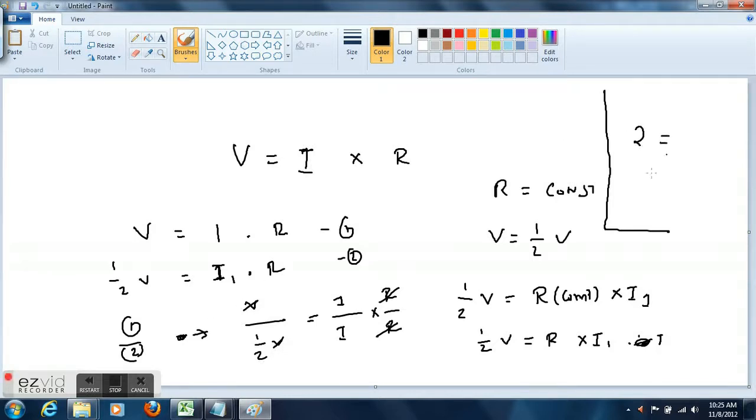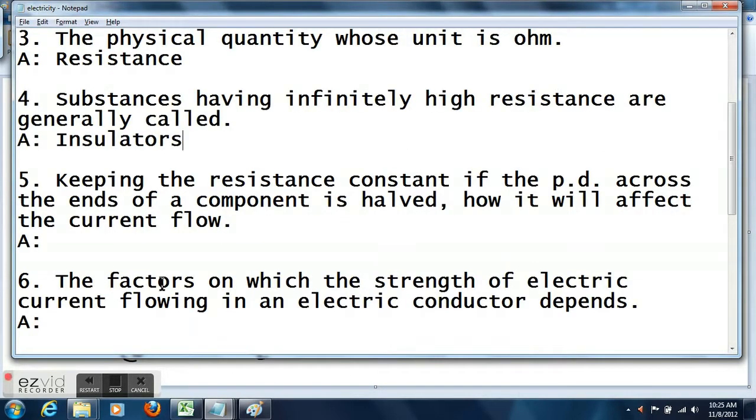So 2 equal to I upon I1. Therefore 2I1 equal to I, or I1 will be 1 by 2 into I. That means the current flow will be halved. So if the potential difference is halved, current flow will be halved, just as Ohm's law.